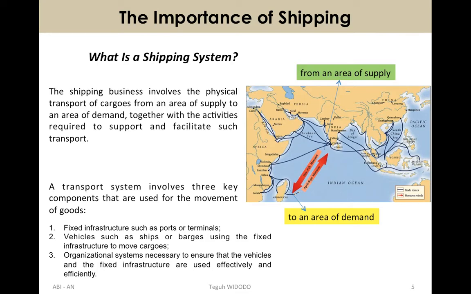A transport system involves three key components that are used for the movement of goods. They are first, fixed infrastructure such as port or terminal, and then second, vehicles such as ships or barges using the fixed infrastructure to move cargoes, and then third, organizational systems necessary to ensure that the vehicles and the fixed infrastructure are used effectively and efficiently.